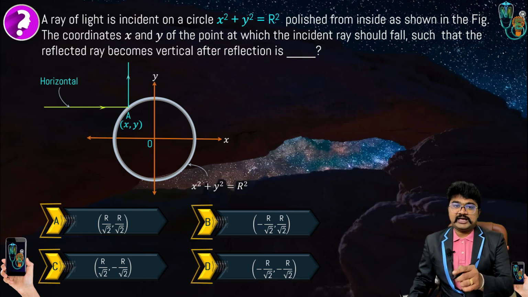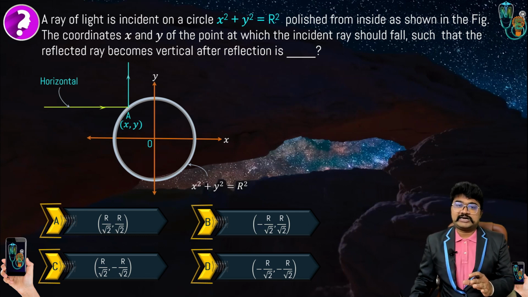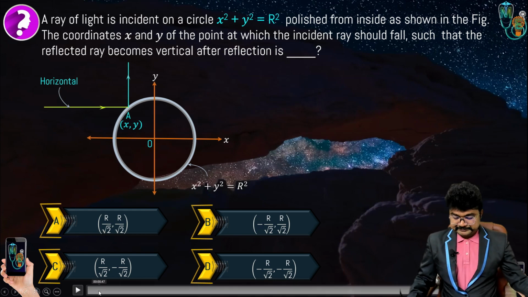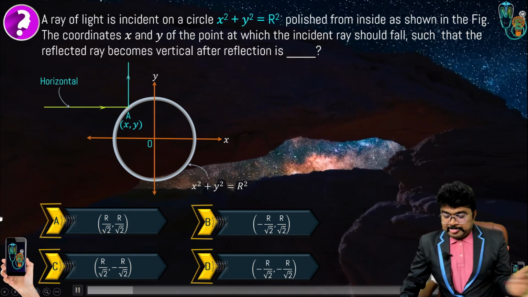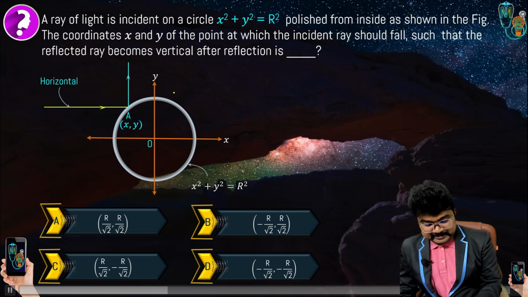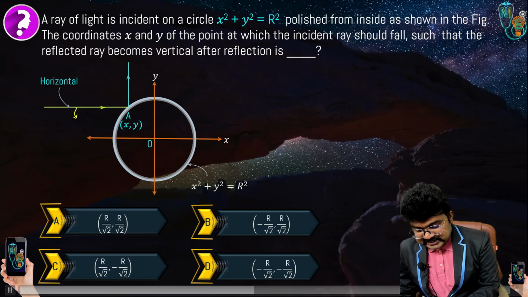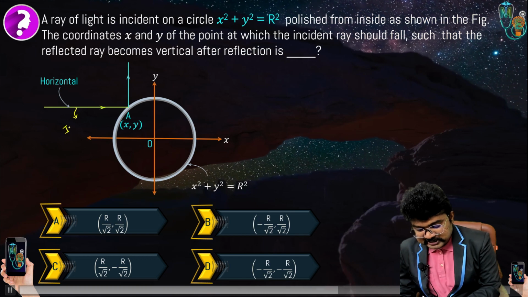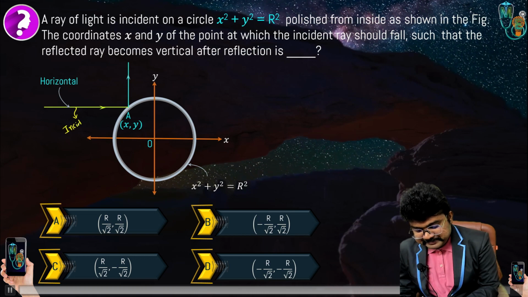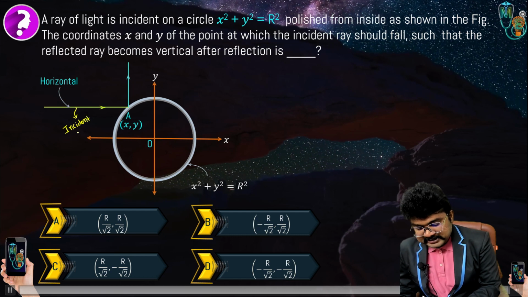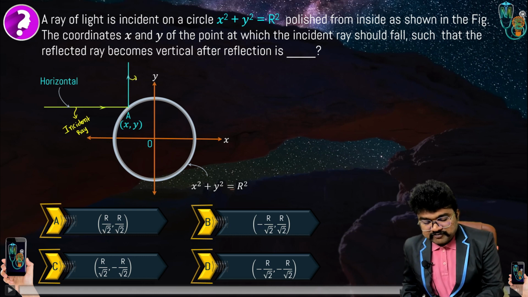An incident ray is incident on the circle x square plus y square equal to r square. Here the incident ray is horizontal, and the reflected ray is vertical.